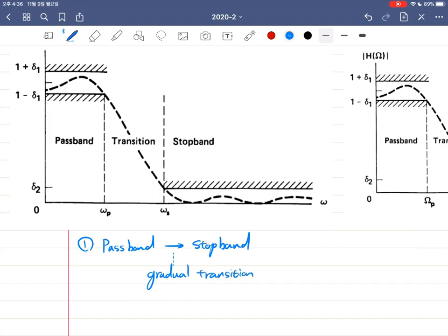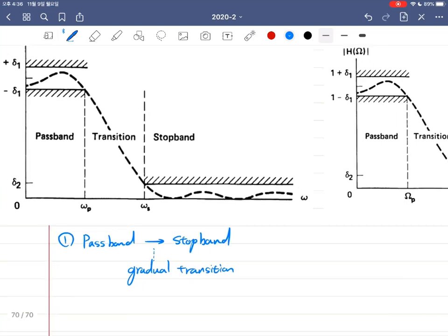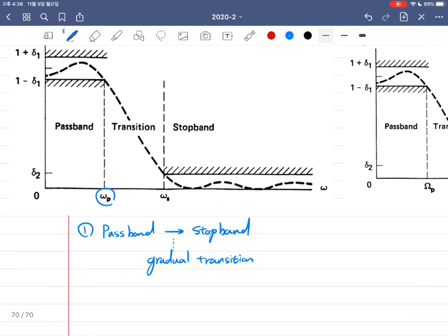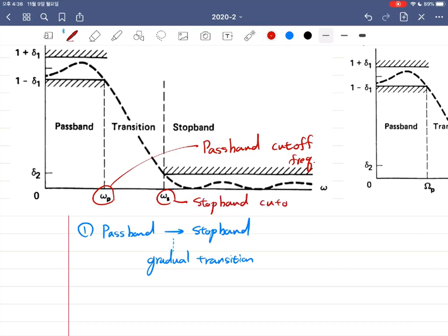So this is the big difference compared to the ideal one. And this omega p, I'm just gonna write down right here. So this omega p is a passband cutoff frequency, whereas this omega s is a stopband cutoff frequency.